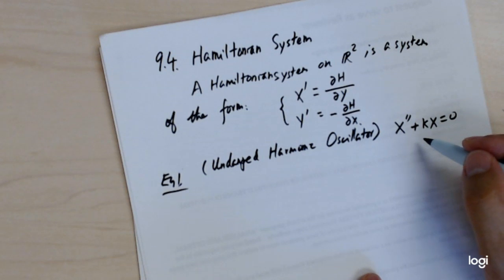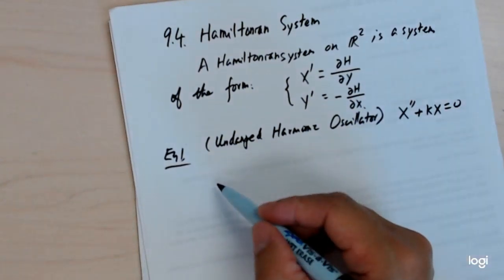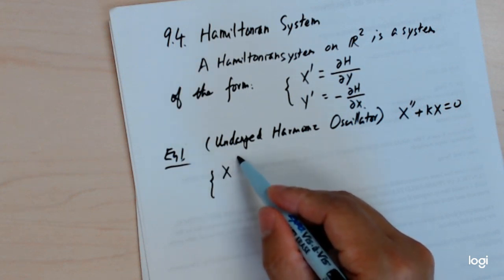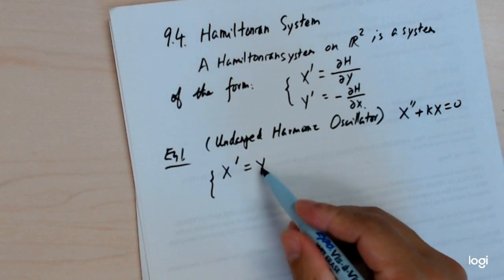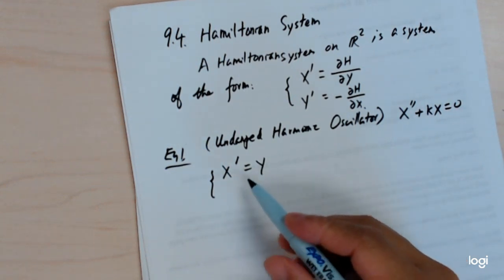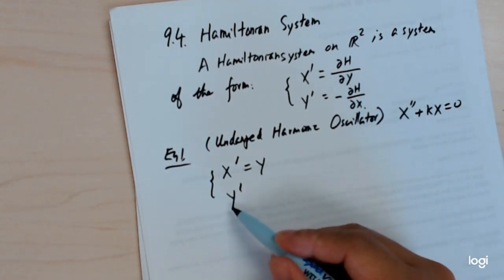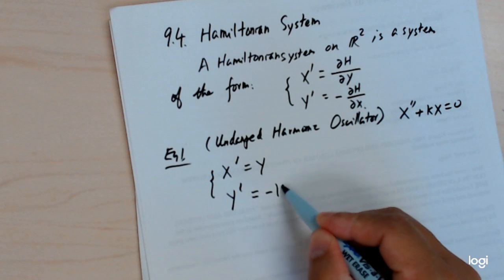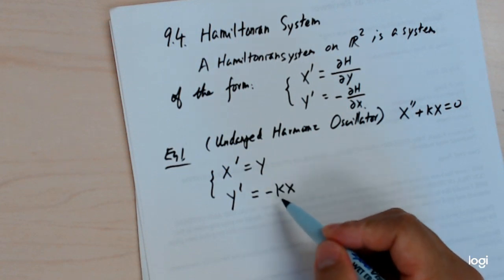Undamped, so there is no friction and no external force. We can write this into a system. We'll let x be the displacement, so y is x prime, which is essentially the velocity. And y prime, the acceleration, will be equal to negative kx. So this is the only force, coming from the spring.